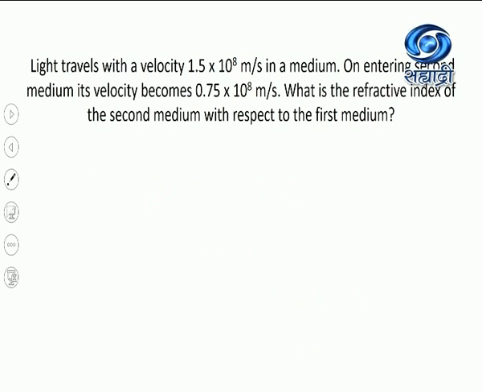Second, light travels with a velocity of 1.5 into 10 raised to 8 meters per second in a medium. On entering the second medium, its velocity becomes 0.75 into 10 raised to 8 meters per second. What is the refractive index of the second medium with respect to the first medium? Given V1 is equal to 1.5 into 10 raised to 8 meters per second.